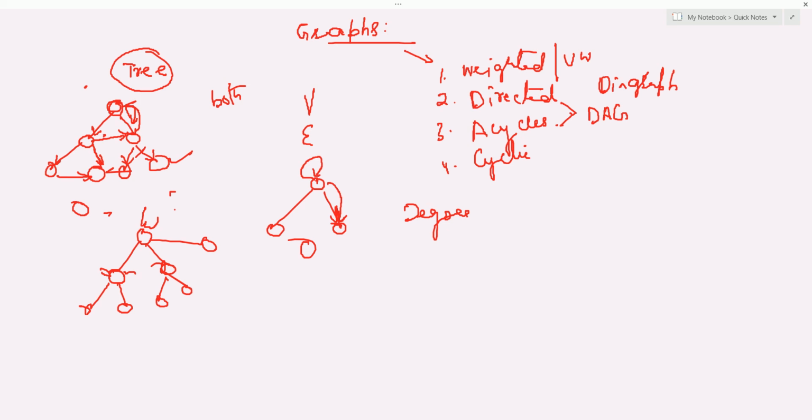If you have an undirected graph, you can see how many edges are incident on it. So 1, 2, and 3, because the loop is counted as 1. So 1, 2, and 3 is the degree of this vertex. But if it is directed, we get two values, in-degree and out-degree.